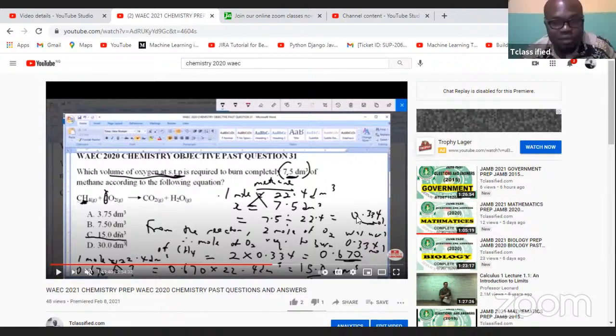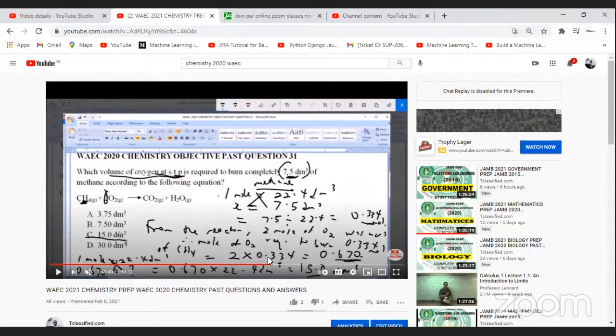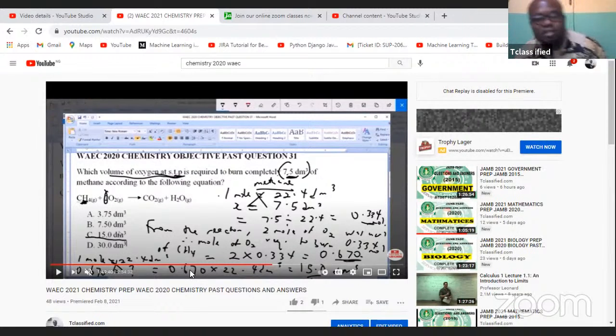So how many will give 0.334? We multiply 2 times 0.334, which gives 0.67. How many dm³ does it contain? Since 1 mole contains 22.4 dm³, multiply out to give you 15 dm³.